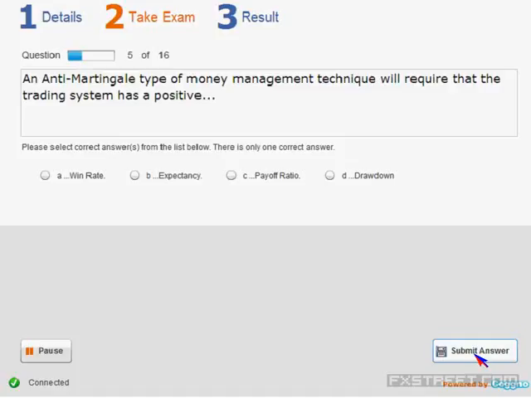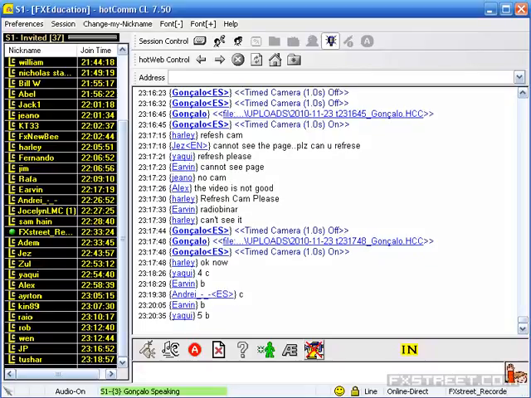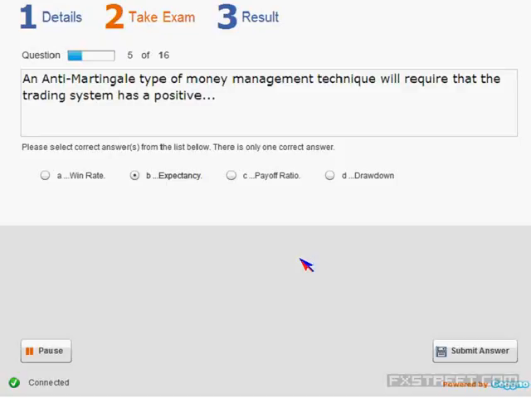Okay, all the variations of the fixed fractional are anti-martingale type of position sizing models. Okay, we have C, B, B two times B. Okay, expectancy. Fine. All right, let's submit the answer.